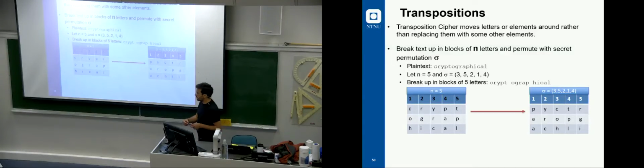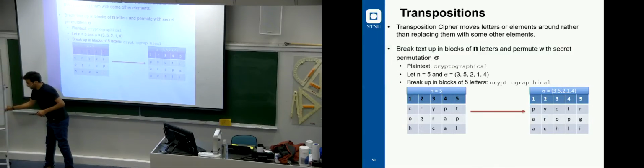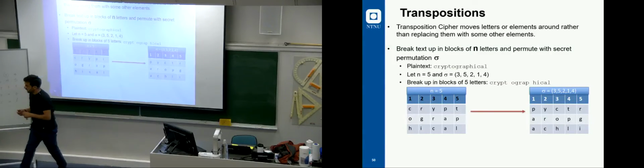I need to write this. Is this visible? I wrote it, PYCTR, then this AROPG, then ACHLI.